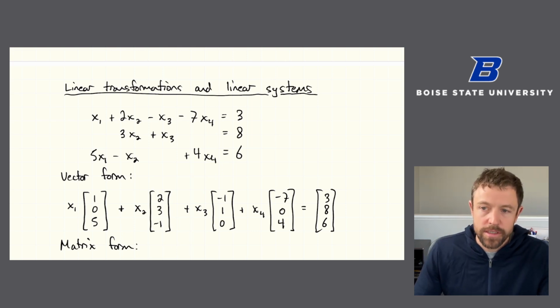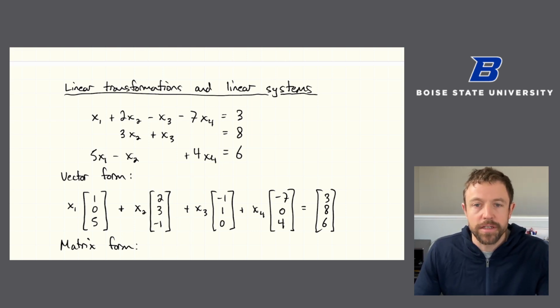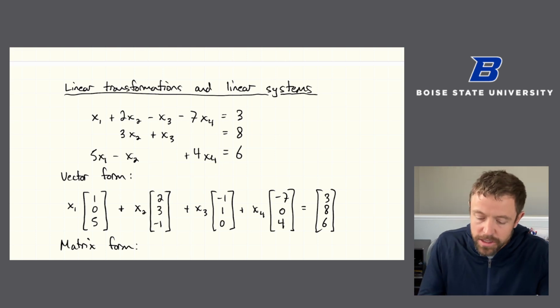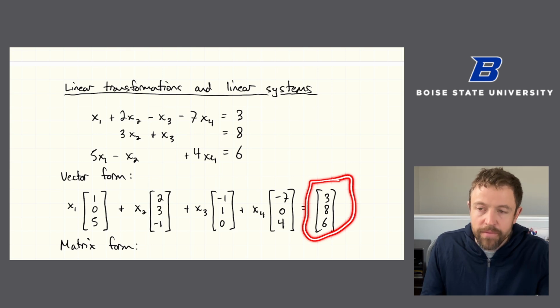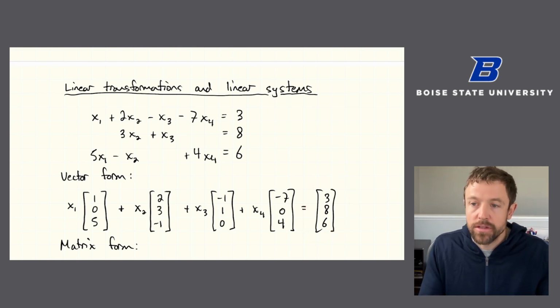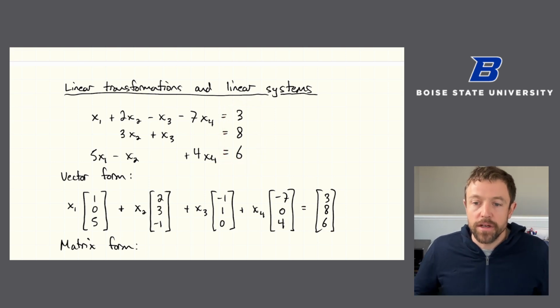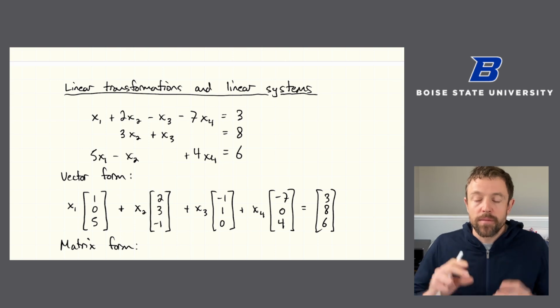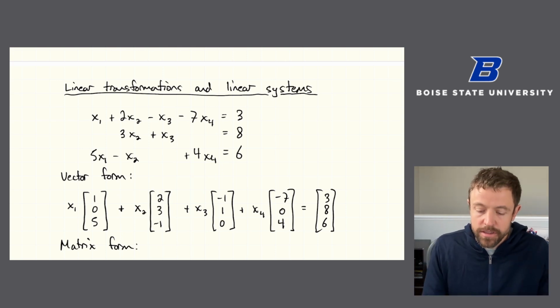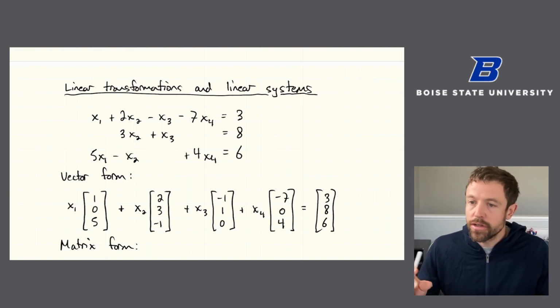And questions about span, again, we went back to a linear system and said, oh, this is really a question about a linear system where we're wondering what vectors we can actually get a solution to when we put those coefficients in the right-hand sides of the equations. So it was actually really useful to think of this linear system as also being written in vector form.